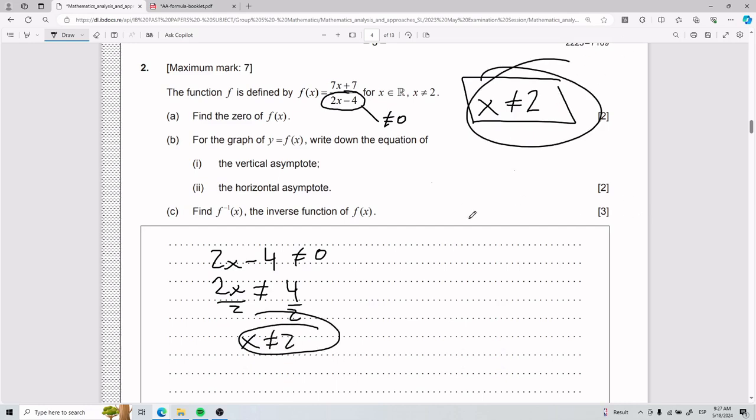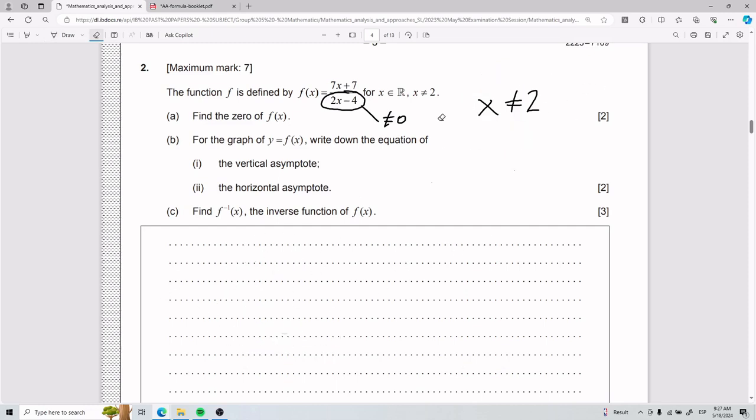That is where it comes from. The denominator cannot equal 0, so that means x cannot equal 2. So that is one classic example that can show up that restricts the values of x that you can take.